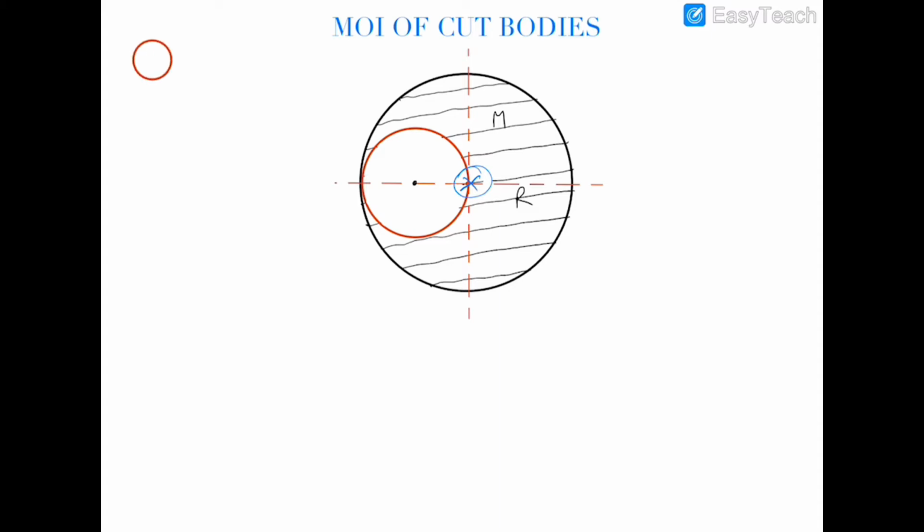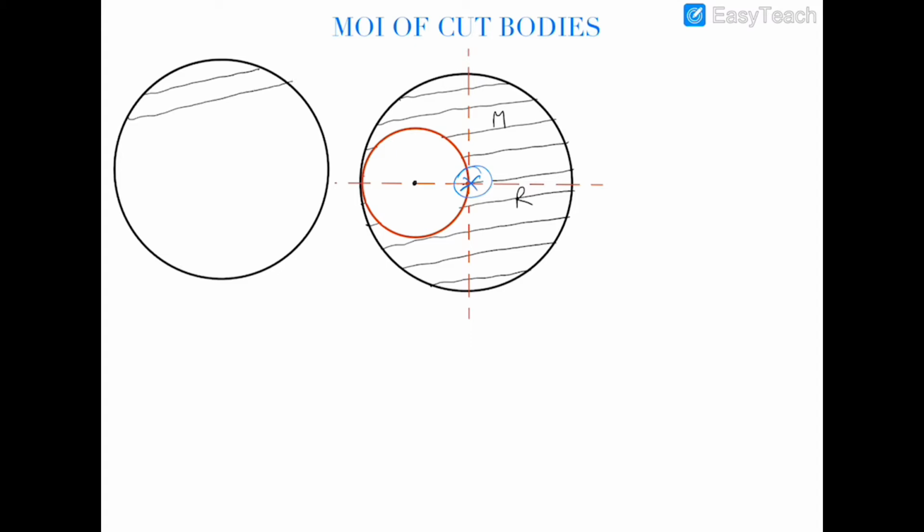Now, first of all, this would be the object when no disk was removed from its corner, and therefore let us assume that the mass of this object is m dash, and we have to find out its moment of inertia about an axis which is passing through this point.